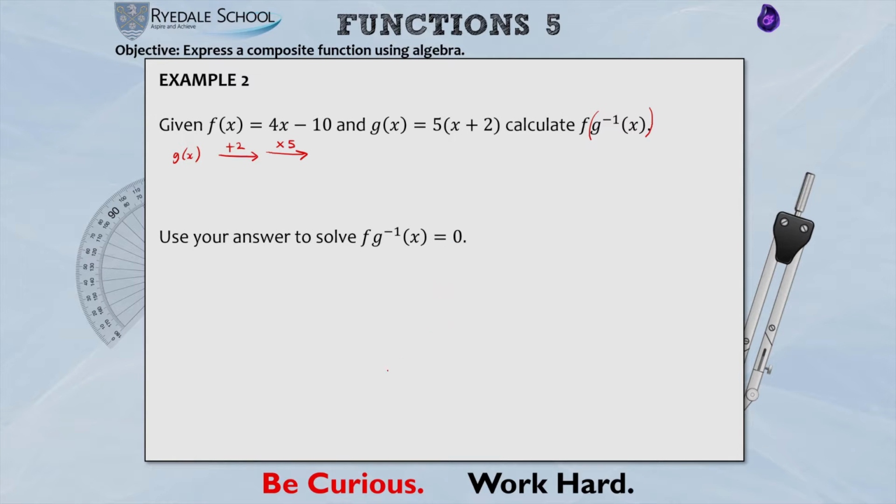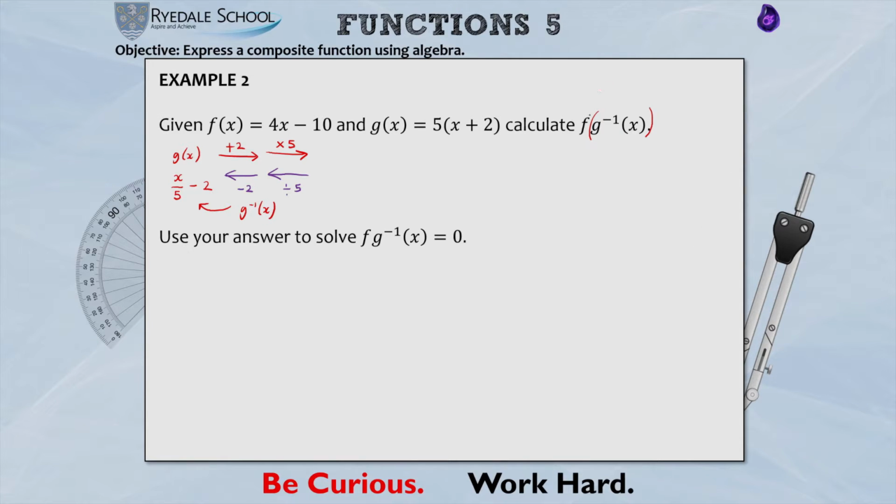So if I'm wanting to work that backwards using an inverse operation, I would need to divide by 5 and then subtract 2. So what does that look like using algebra? Well, that would be x over 5 take away 2. So that is my g to the minus 1 of x.